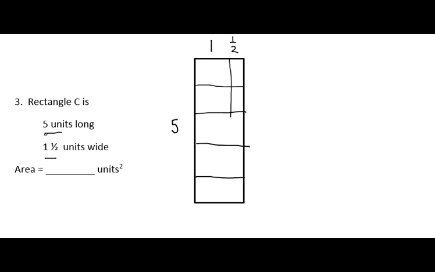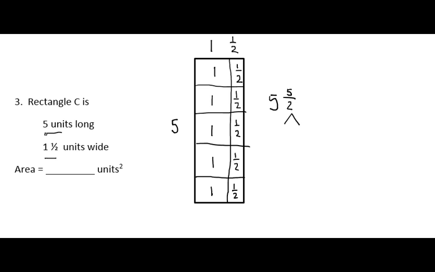So if I draw that in, I can see that each of these units represents 1 whole unit. So I have 1, 2, 3, 4, 5 wholes. Each of these pieces is 1/2 of a unit. Altogether, I have 5 of those, so I have 5 halves.